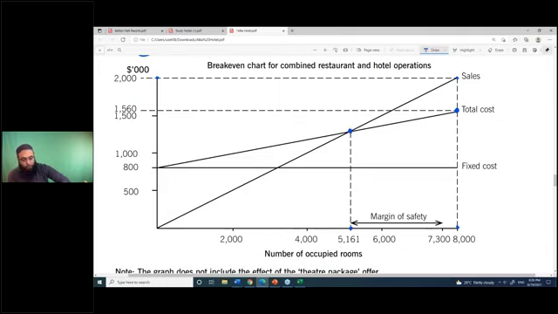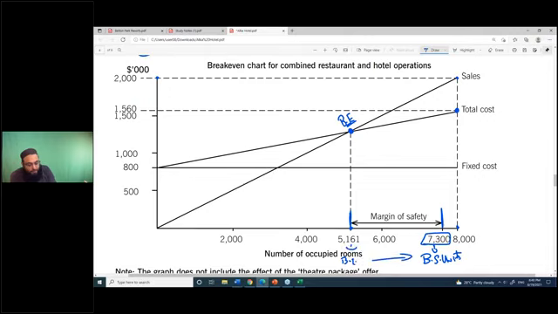This is the point of no profit, no loss, known as break even, of 5161. And this is your margin of safety, which means your budgeted sales units are 7,300. How you work out MOS, you know the formula? It's budgeted sales units minus the break-even units.